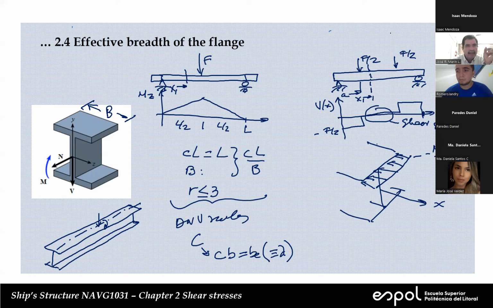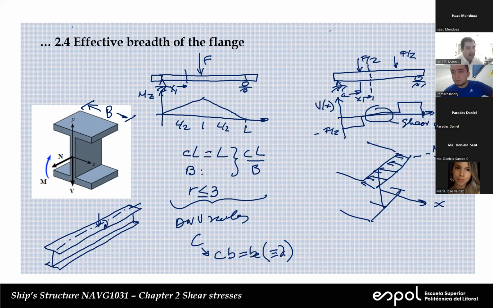Doctor, I have a question. Yeah, go on. In the first case, we put the strain gauge at the quarter of the length of the beam, and in case 2, in the middle of the beam, always or not exactly? Not exactly.